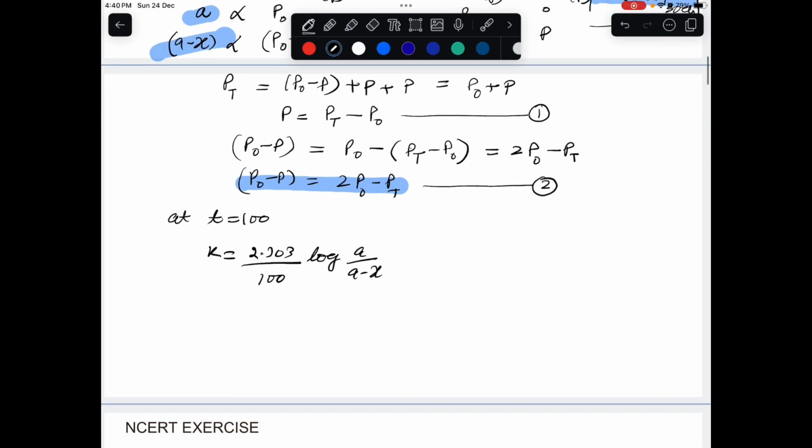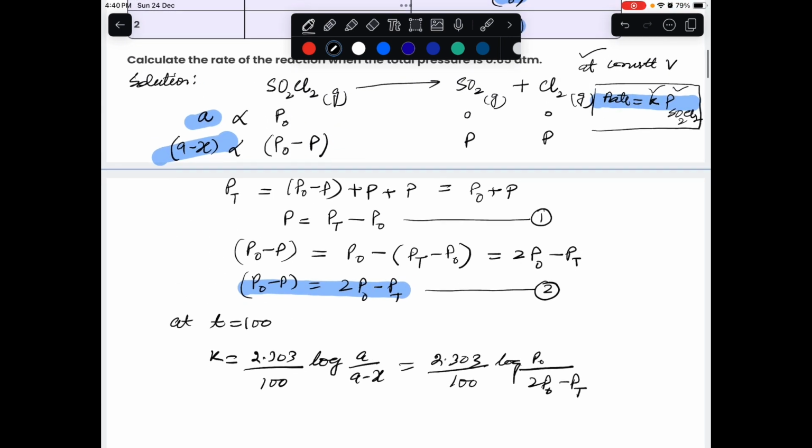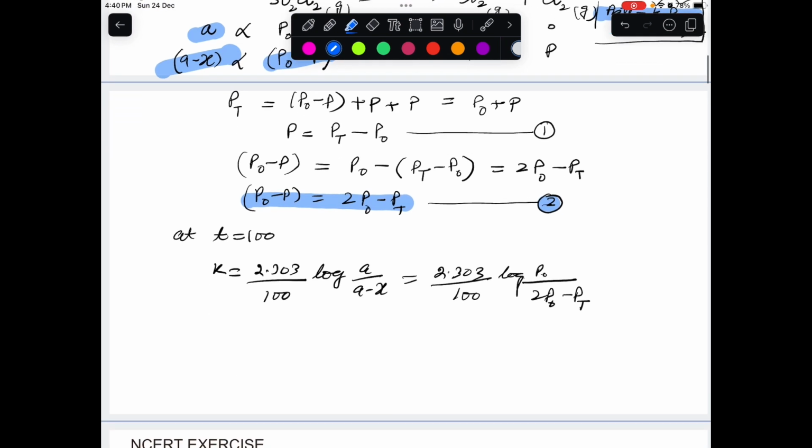We can rewrite the same equation as 2.303 divided by 100 log of P naught by 2P naught minus P total. A minus X we will put down from equation number 2, and P naught minus P from equation number 2 is 2P naught minus P total in terms of the known parameters.